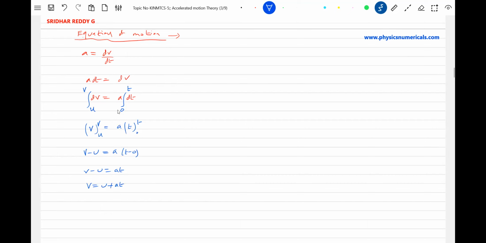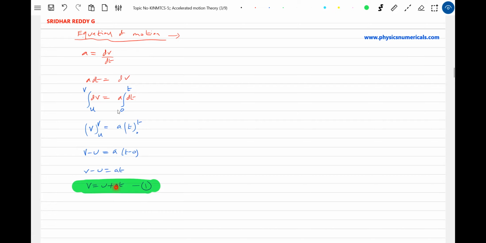Rather than integrating every time, there's one generalized formula. What is this formula? It will give us the relationship between initial velocity, acceleration, and time. Here a means uniformly accelerated motion.